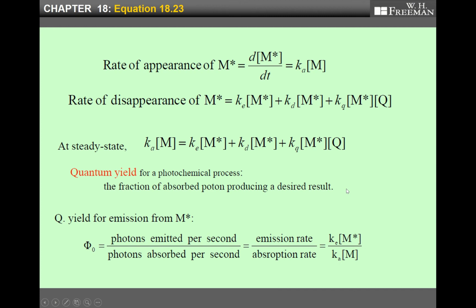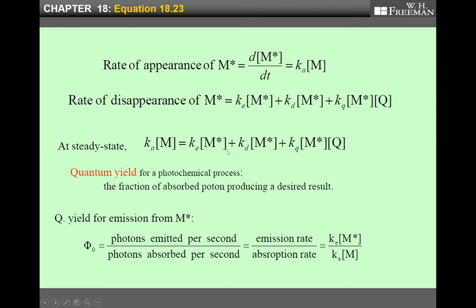For example, in photosynthesis, light is absorbed by light harvesting molecules called chlorophyll, and the energy is transferred to the reaction center, where electrons are excited. In this case, quantum yield is the ratio of the number of electrons per absorbed photons.